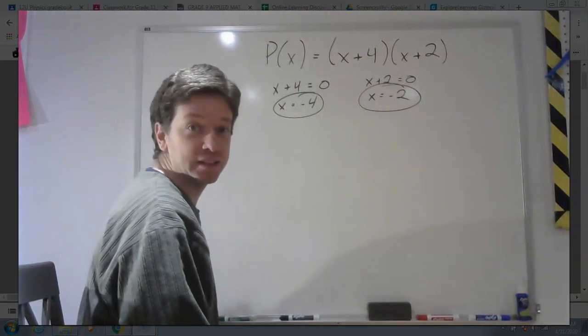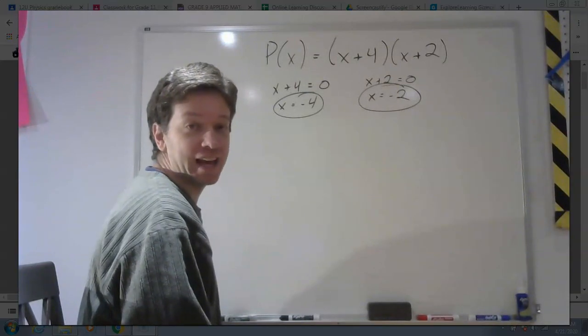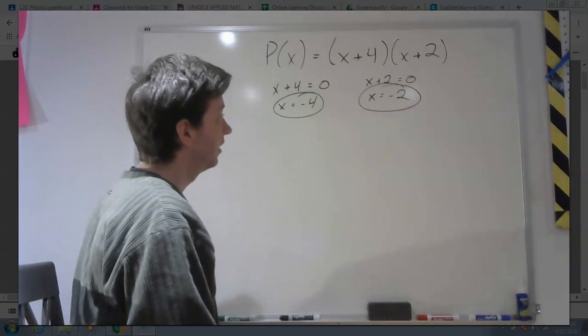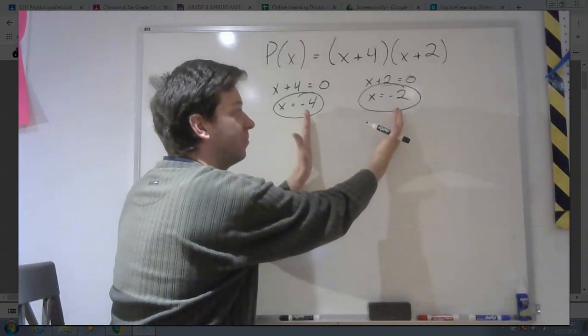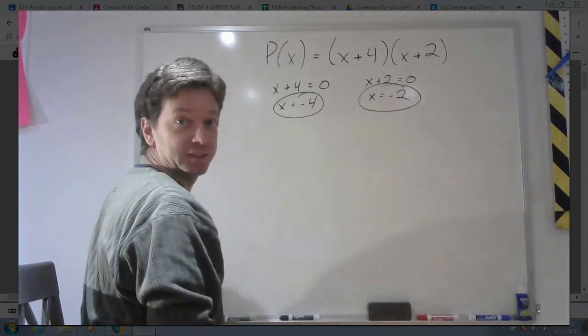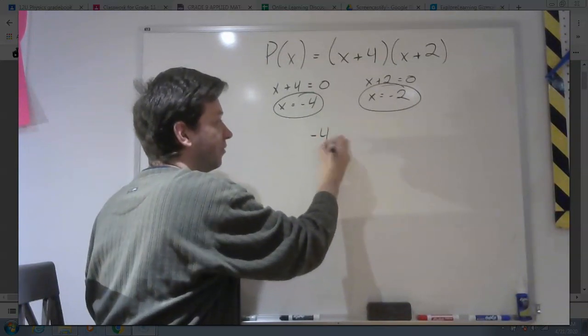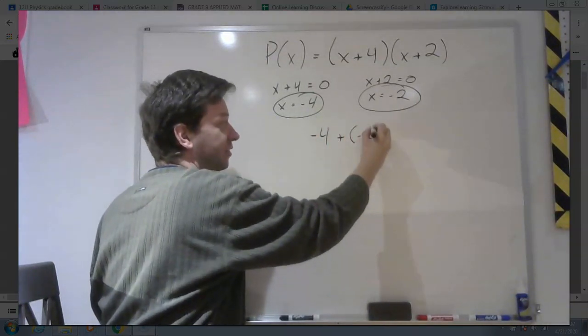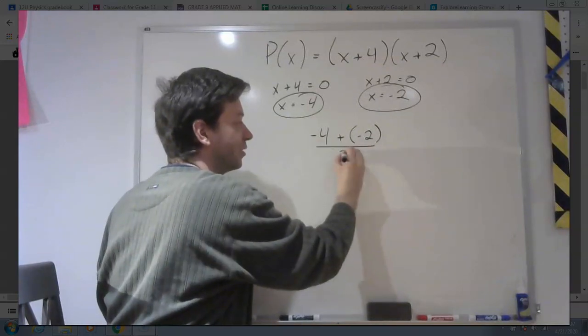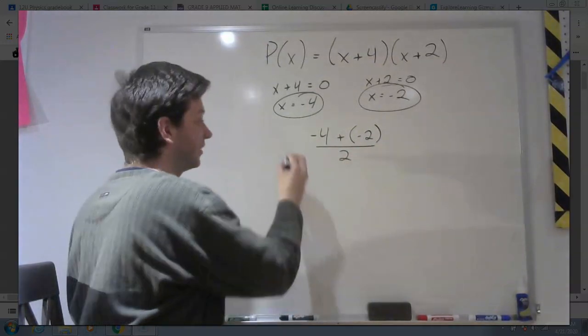Now the next question says to find the axis of symmetry. To do that, you need to find the point perfectly in between those two points. Simple way to do it is just to add them. So we have -4 plus -2 and divide by 2. You're essentially finding the average of these points.